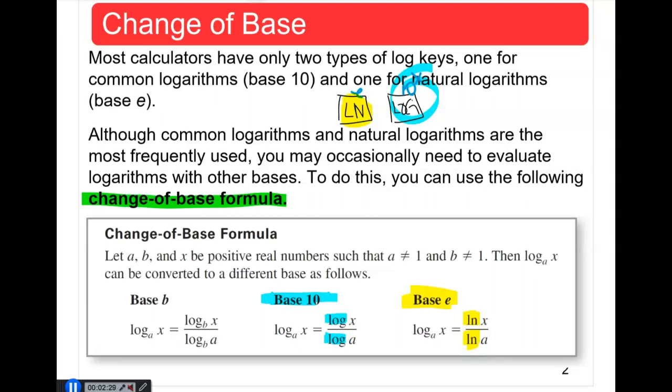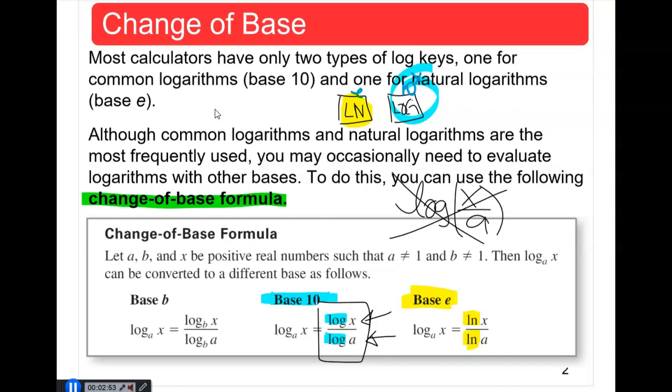So I want you to notice how this expression is not the same as just saying log of x over a. That is completely different. We don't want the log of a ratio, we want a ratio of two logs. So you have log written twice, one for the numerator, one for the denominator.